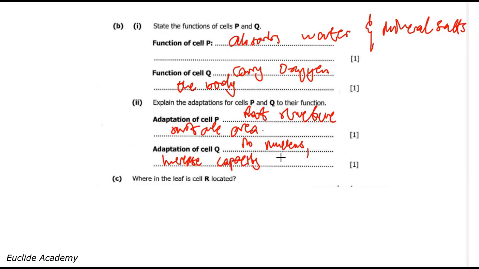You don't even have to explain the features, I think just mentioning them is enough. Adaptation of cell Q: no nucleus. If you want to, you can explain, but for 1 mark it should be enough. But anyway, don't leave anything to chance. Adaptation of cell P: the root-like structure, which increases the surface area. I would put those options there.